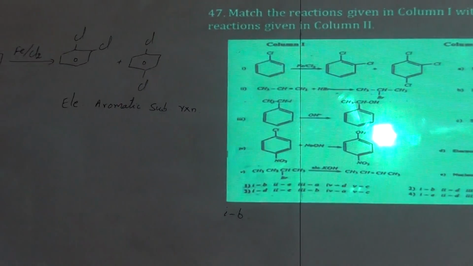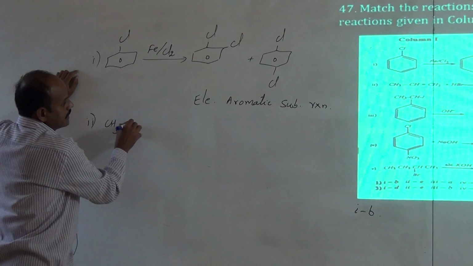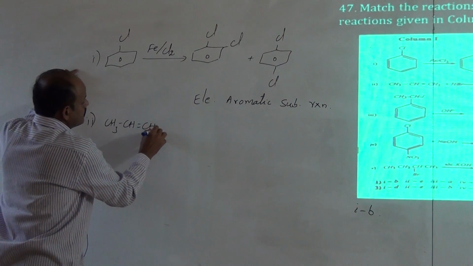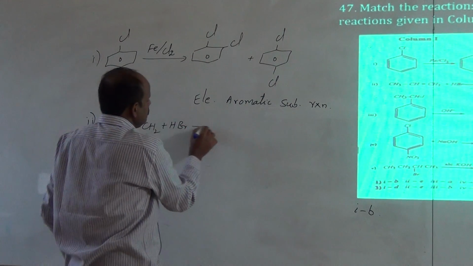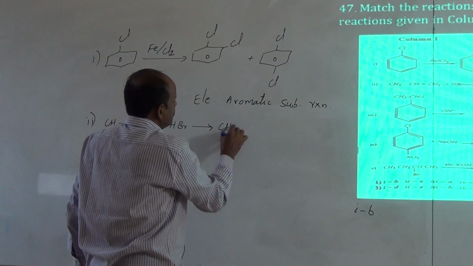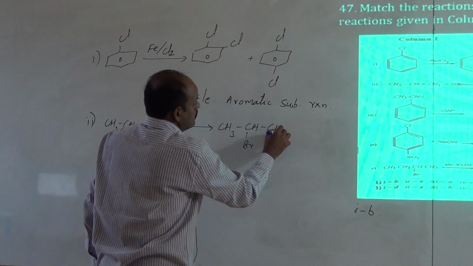Next, second bit: CH3 CH double bond CH2 plus HBr. This gives rise to CH3 CH Br CH3.